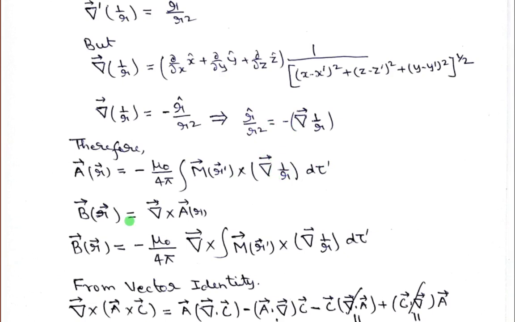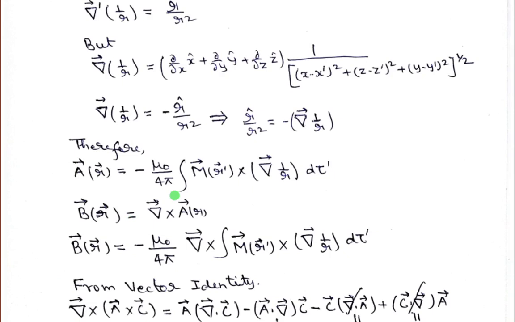Now our aim is to find the magnetic field due to that whole magnetized object. And why am I doing this? Because the actual microscopic magnetic field inside matter fluctuates wildly from point to point and instant to instant. When we speak of the magnetic field inside matter, we mean that microscopic field.